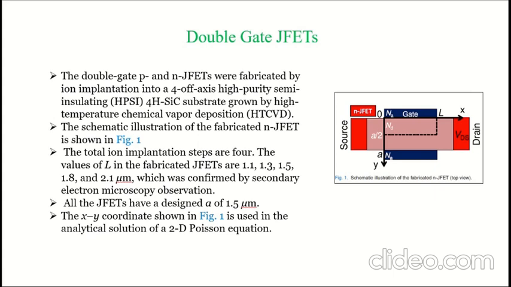The values of L in the fabricated JFETs are of many values, and 2.1 micrometer, which was confirmed by secondary electron microscopy observation. All the JFETs have been designed with A of 1.5 micrometer, and the XY coordinate shown in figure 1 is used in the analytical solution of the 2D Poisson equation.